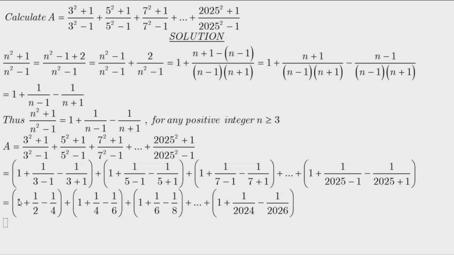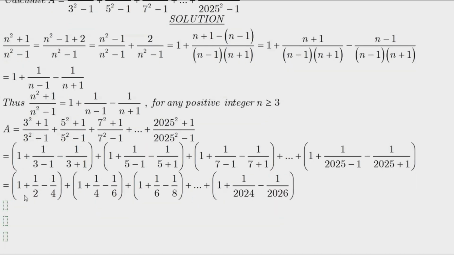So 1 plus 1 divided by 2, and then minus 1 divided by 4, then plus, and that keeps going until 1 plus 1 divided by 2024, minus 1 divided by 2026.